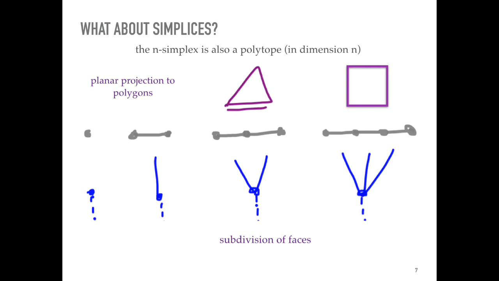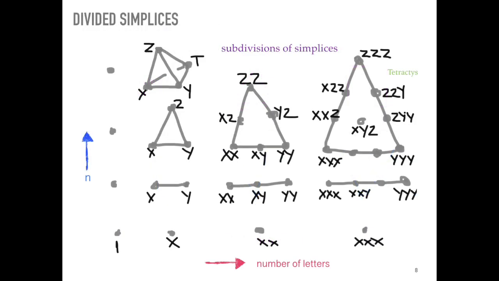And what we're going to do is place polytopes inside the discrete simplices, which I've drawn here and labelled with coordinates, x and y for an edge, x, y, and z for a triangle, and so on as we go up in dimension.